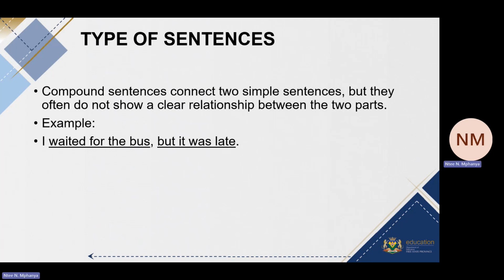Two simple sentences. I waited for the bus, the first simple sentence. But it was late. Now remember, in the previous slides, we explained that they are often joined by what? By a conjunction, but. This is an independent clause: I waited for the bus. Another independent clause: but it was late.